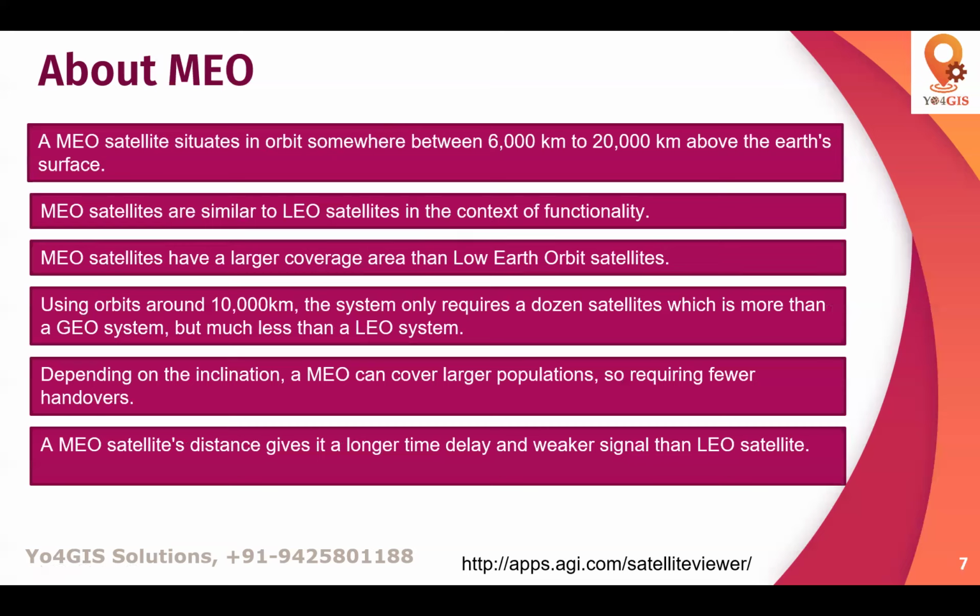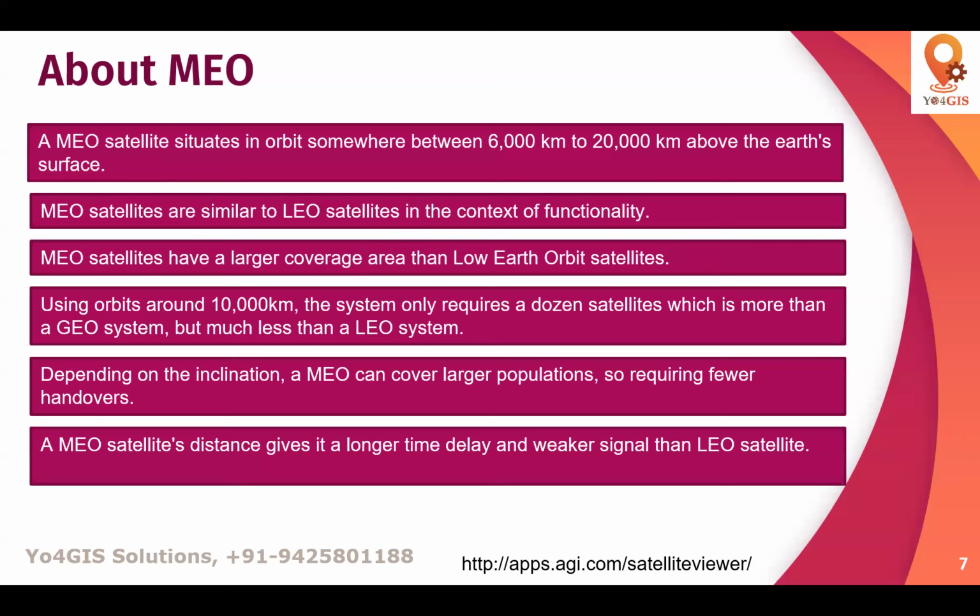After that, we have the MEO. MEO means medium Earth orbit. The MEO satellite is situated in orbit somewhere between 6,000 to 20,000 kilometers. MEO satellites are similar to LEO satellites in the context of functionality.